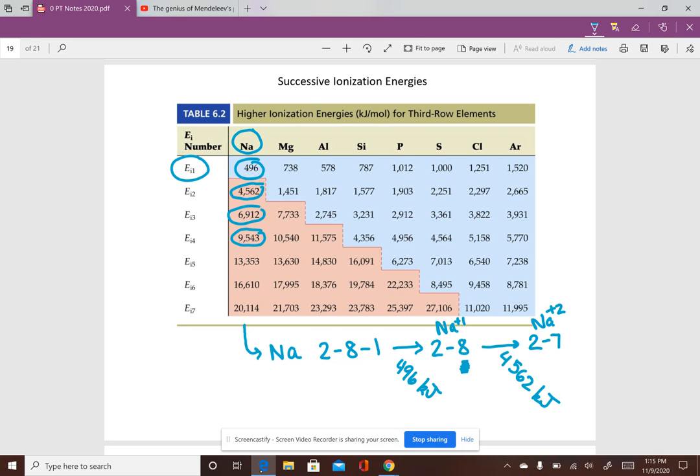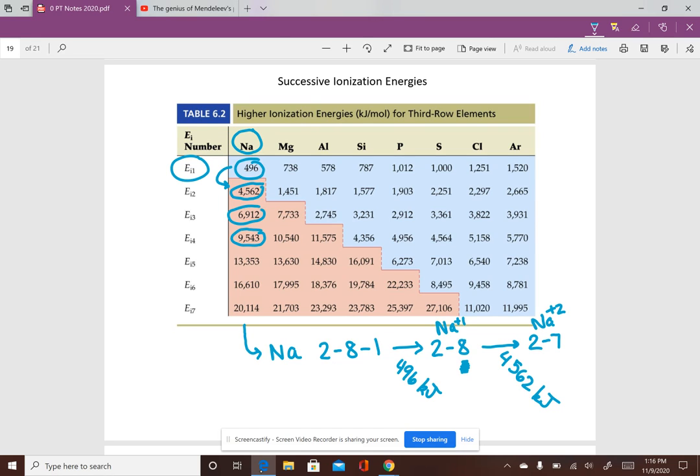So wherever that big jump is, guys, that tells you how many valence electrons you have. For sodium, after my first number, the amount of energy changed drastically. So I know that sodium must have one valence electron, and now I'm pulling from inner shells.